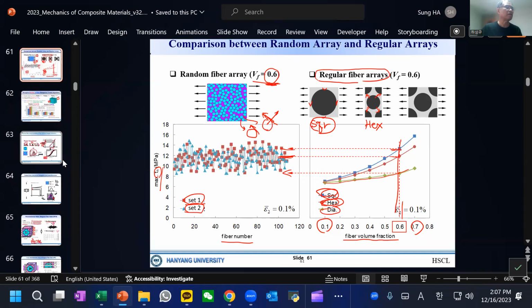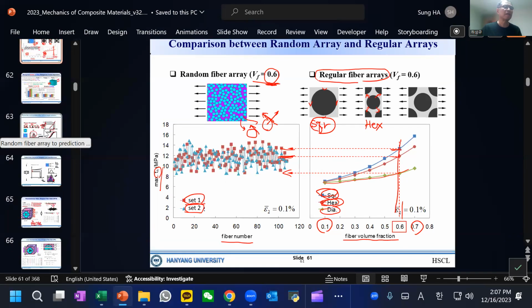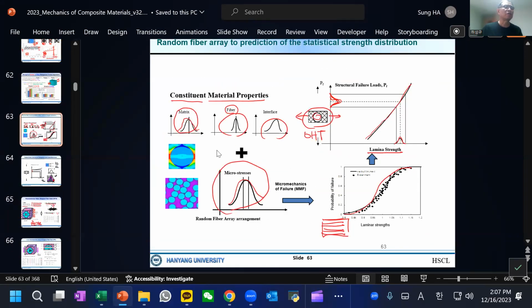We can estimate the composite properties, and we can also have certain statistical distributions. All the material properties, even geometry or even the fiber diameter, can be probabilistic. I mean, it has a probabilistic distribution.